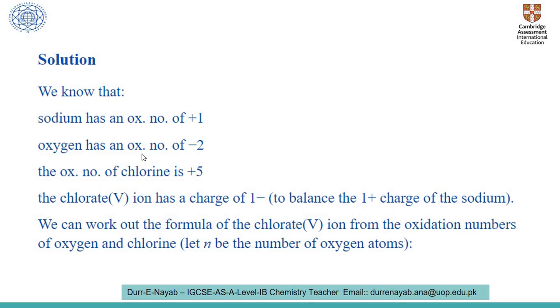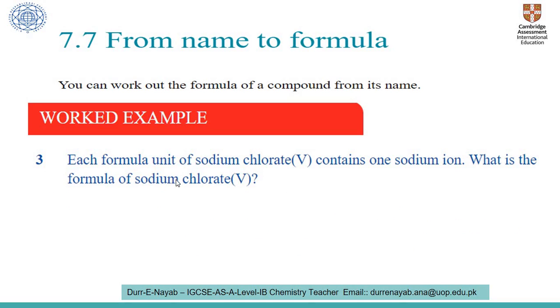Now for this you already know, in this compound I have sodium and I have a chlorate. With a chlorate, there is oxygen attached. I told you, whenever any metal is attached to an element and oxygen, the name ends with the word ate.